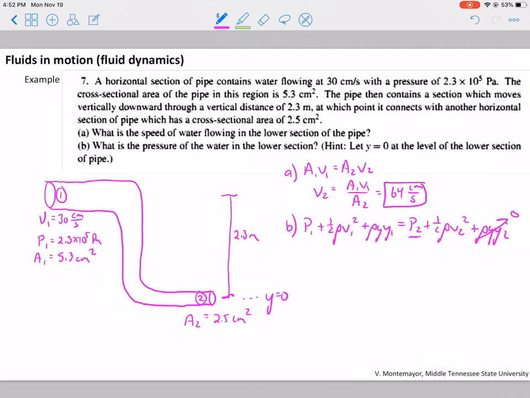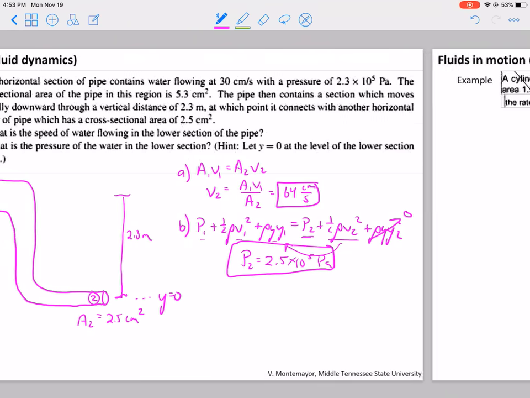So it's just a matter of rearranging this equation, pulling this term over to the other side, subtracting, and then you have everything you need to solve for it. We have the pressure at the top, we have the velocity at the top, we know the height is 2.3, and now we know the velocity at the bottom, so you can solve that for pressure 2, and you would get 2.5 times 10 to the 5th pascals without me rewriting Bernoulli's equation all over again.